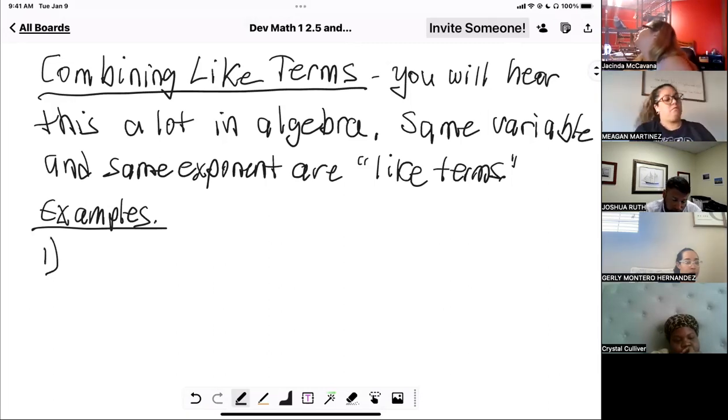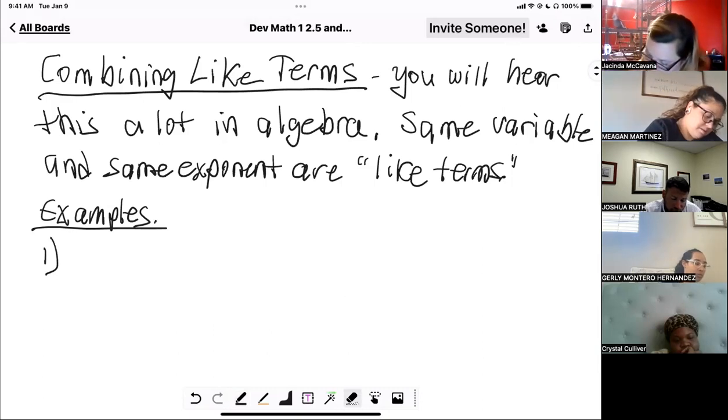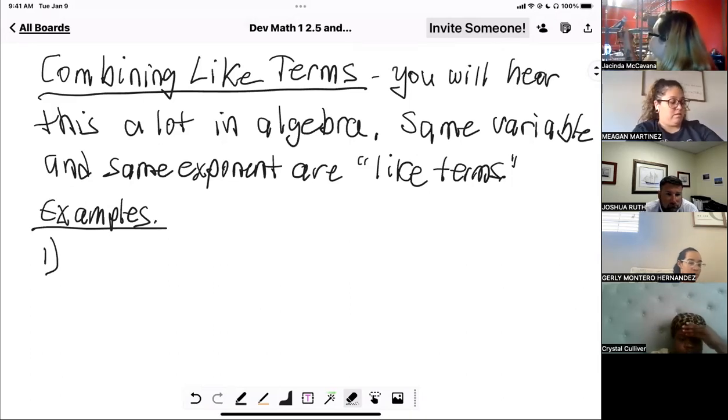So in order to combine things together, they have to have the same variable and the same exponent. If they don't, I can't add them together or subtract them or multiply them, whatever it is that we're doing. So this is all with adding and subtracting.